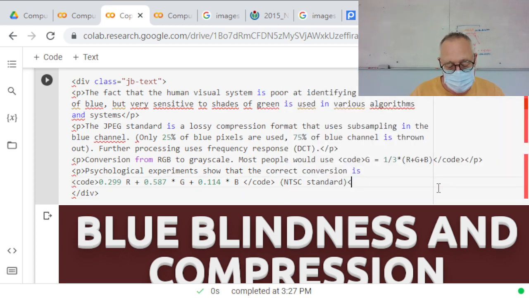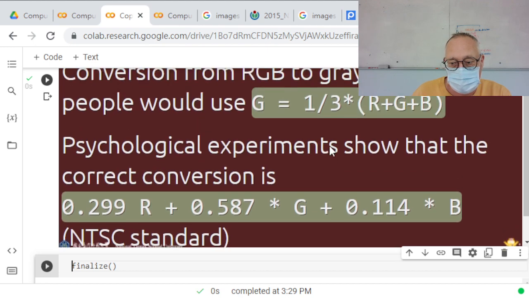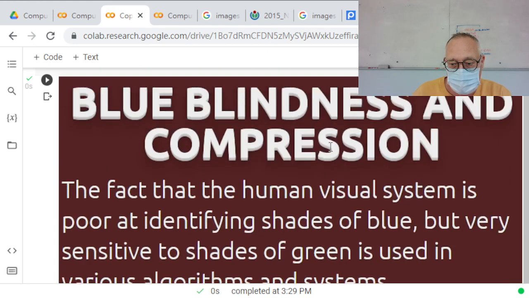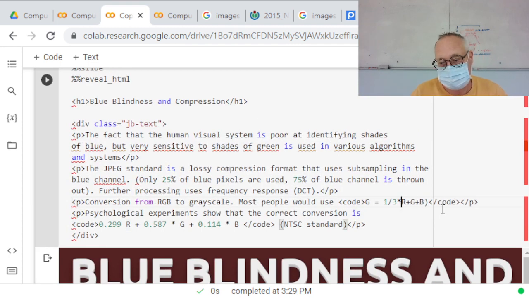is this formula where we have different weighting factors. Instead of 0.33, 1/3, which is what this would be, right?